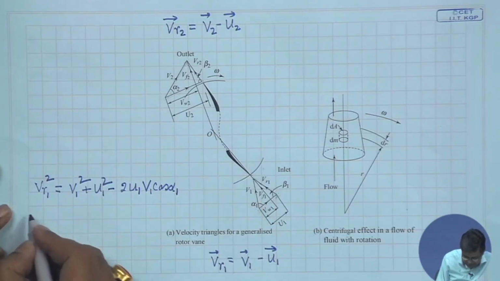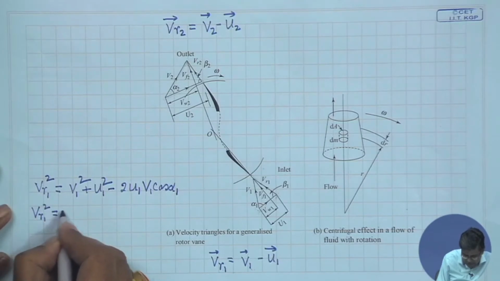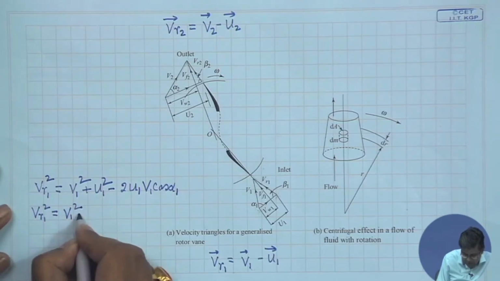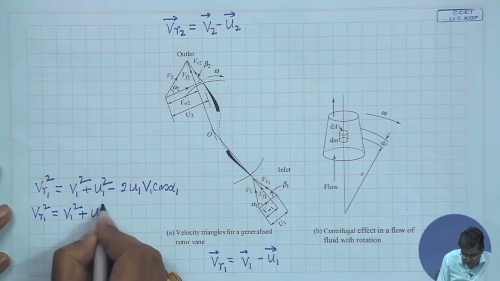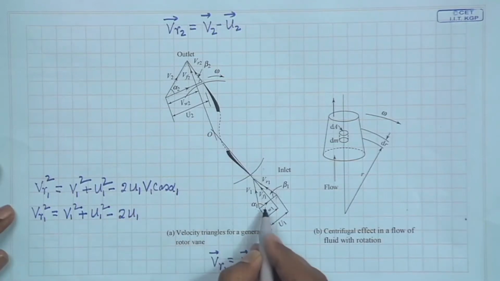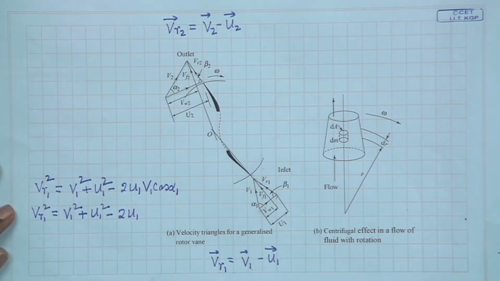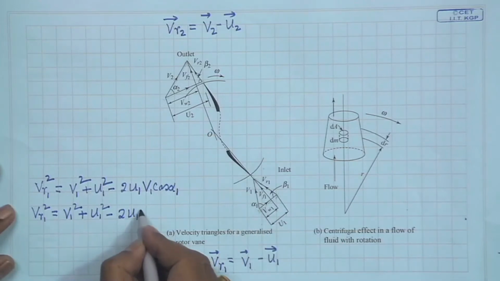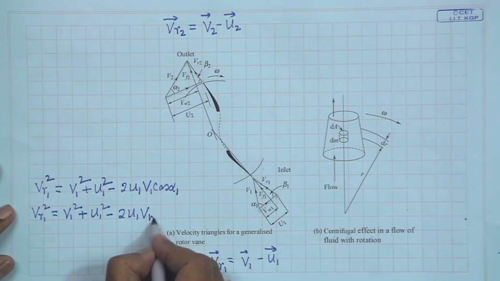This can be written as VR1 square is equal to V1 square plus U1 square minus twice U1, and this V1 cos alpha, it is given here, this projection of V1, that is a component of V1 in the tangential direction, that is nothing but our tangential component of absolute velocity of the fluid at inlet, which we already defined.